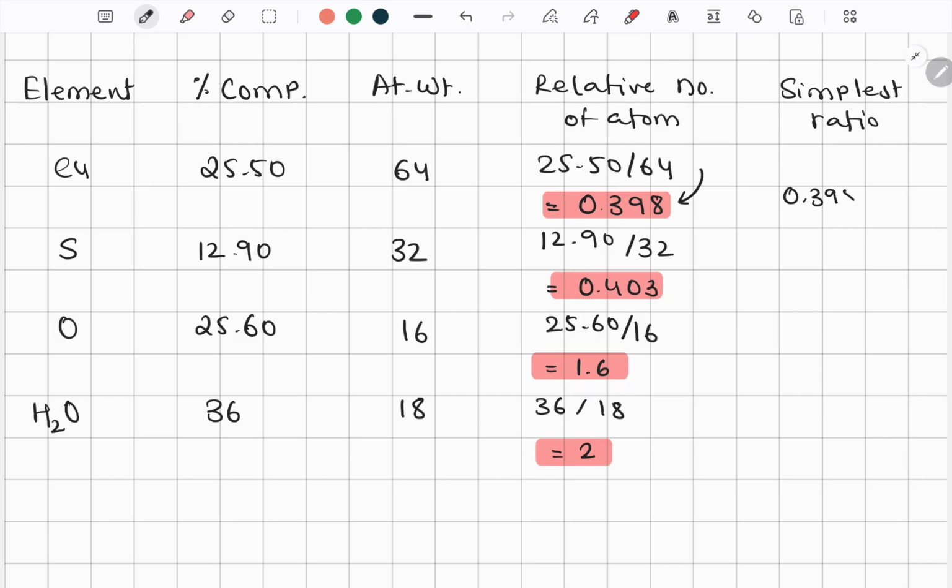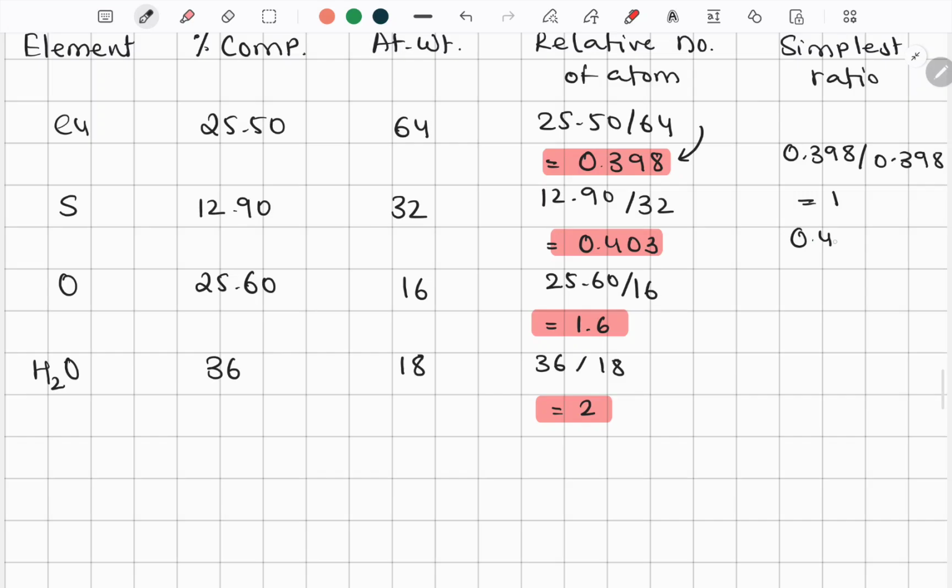First, 0.398 divided by 0.398 is equal to 1. Then 0.403 divided by 0.398 is 1.01, which is roughly equal to 1 again. When we divide 1.6 by 0.398, it is 4.020, which is roughly equal to 4.